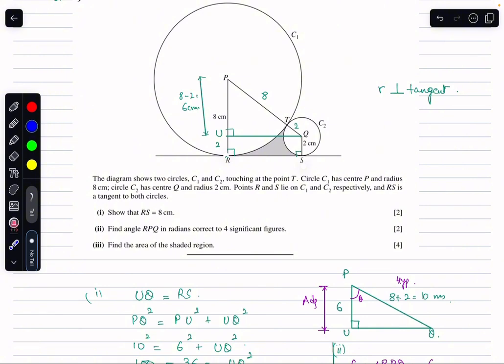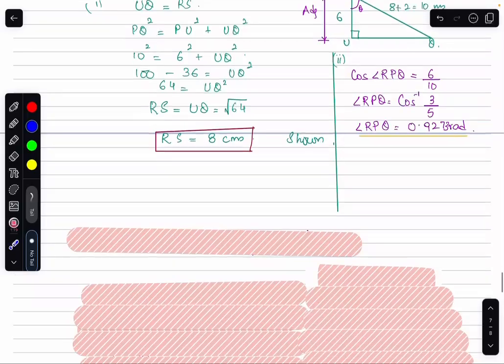So if we find the area of the trapezium, and from this area subtract the area of the sector PRT and the sector QTS, only then will I be able to get this shaded area. So let's start working on it.